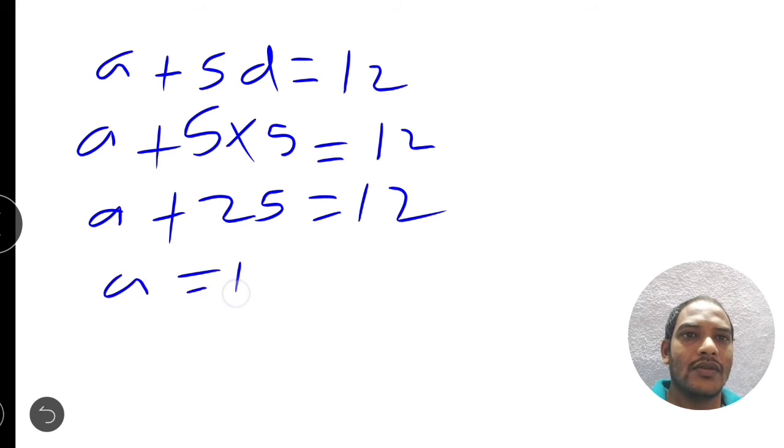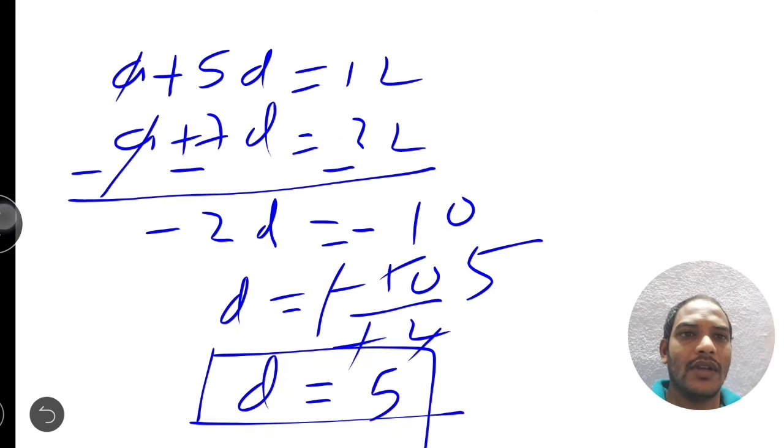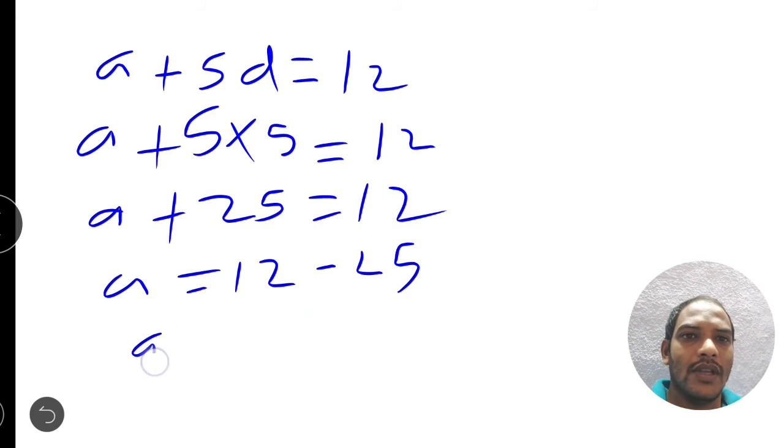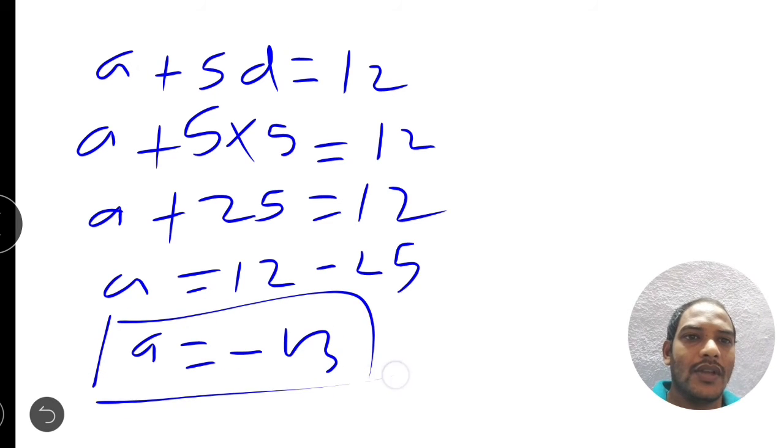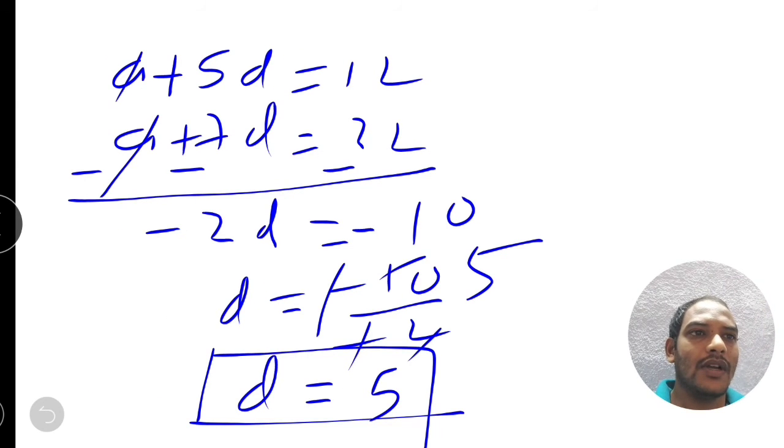So a equals 12 minus 25, which is minus 13. So the a value is minus 13 and the d value is 5.